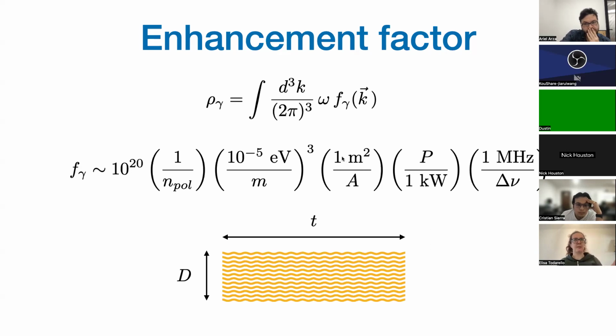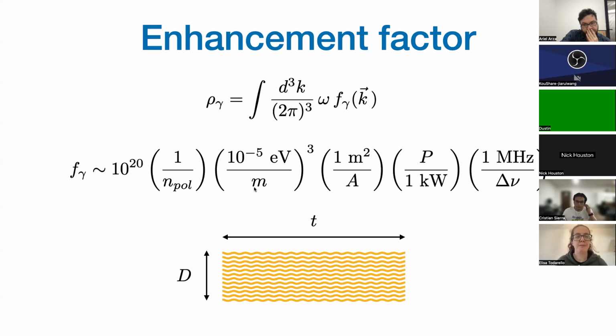I turn it on at some time t. And after some time t, for fixed power, it doesn't depend on t. The enhancement factor is about 10 to the 20 if I have a power of 1 kilowatt and a bandwidth of 1 megahertz. So this is already a huge number for 1 kilowatt of power.